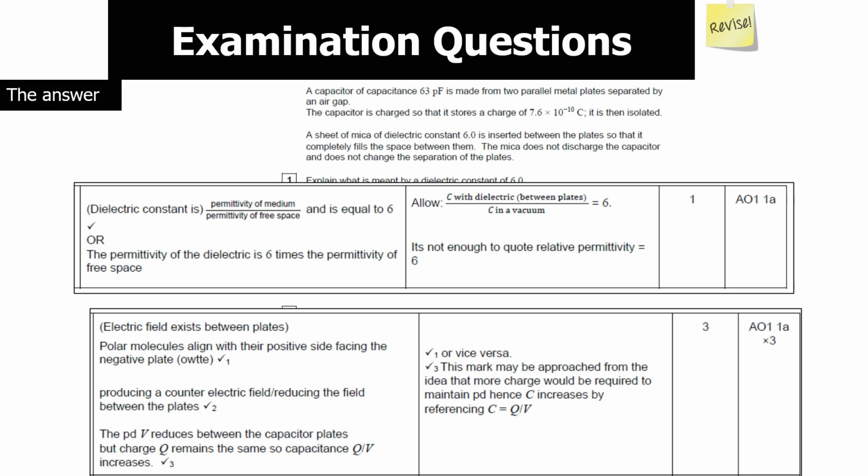But because they are aligned anti-parallel to the actual uniform electrical field, it will produce an electrical field in the opposite direction, so it counters the electrical field between the plates and reduces the field between the plates. As a result, the potential difference has now been reduced, but the charge remains the same. Because C equals Q over V, that tells us that the capacitance has increased, that the capacitor finds it easier to store more charge between the plates.